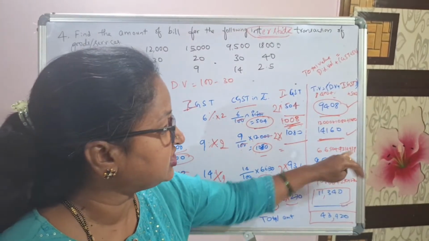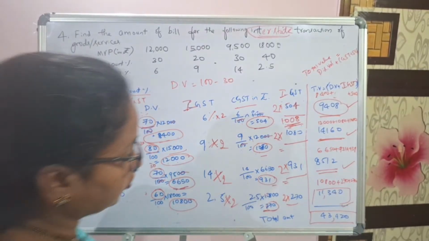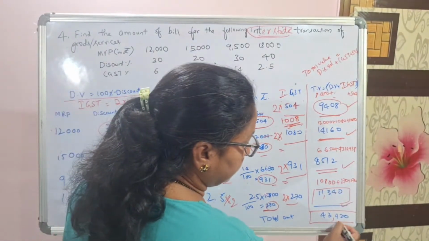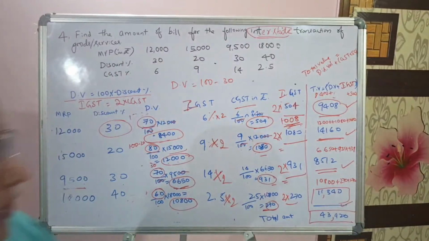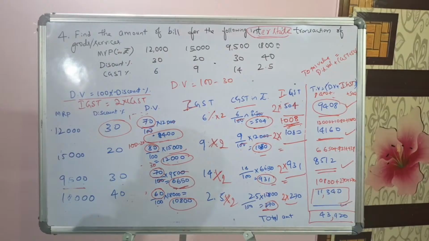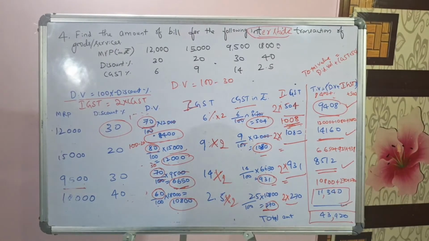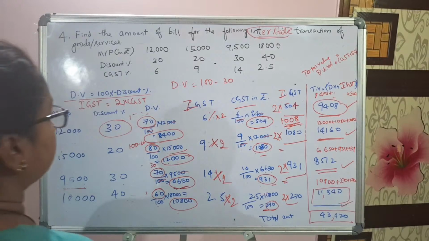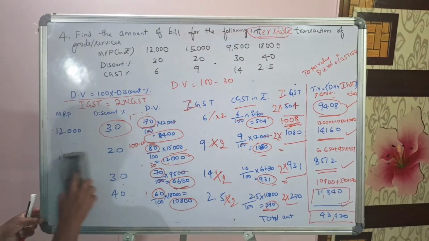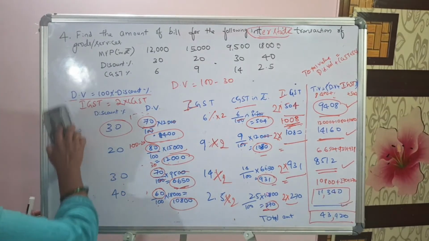There is a slight change in the steps, and the total amount is 43,420 itself. I hope this question is clear. Okay, I'll wrap this up. We'll jump on to the next question.